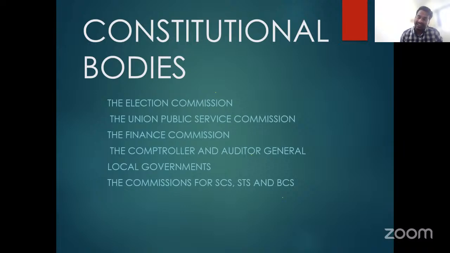Article 338A deals with the National Commission for Scheduled Tribes, and Article 338B deals with the National Commission for BCs. Just remember, B means BCs, backward classes. That means 338B. This article has been derived from Article 338A.